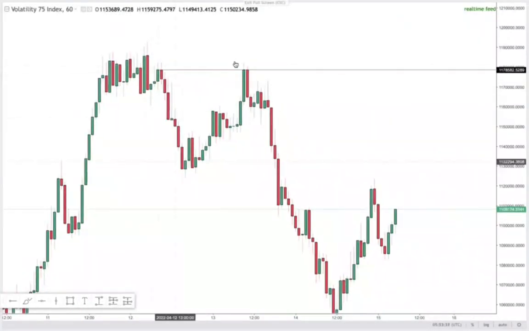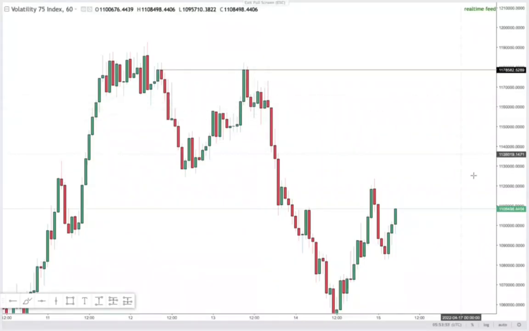Let's say price came to retest on this entry right here, and let's say we missed this first move, and we just came across the charts when the price already moved something like one candlestick from the 1 hour time frame.